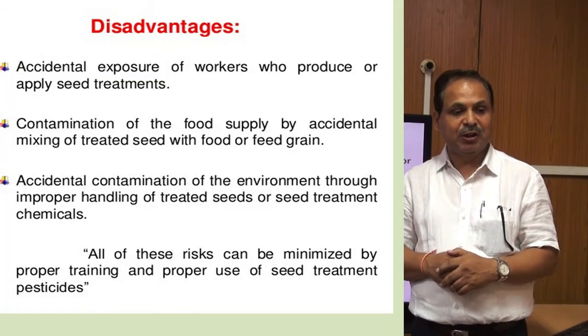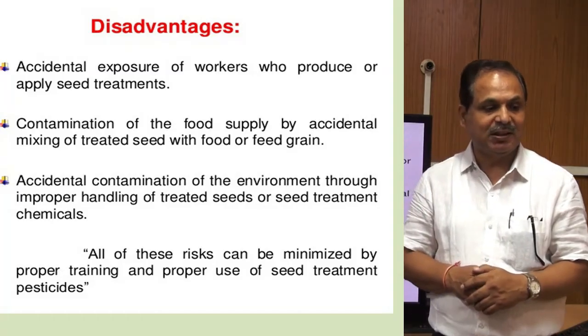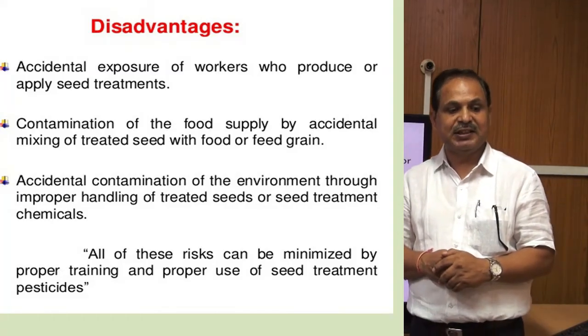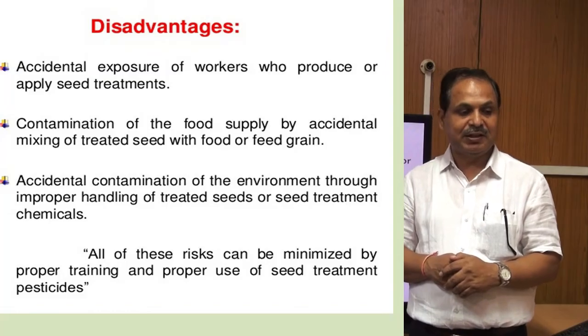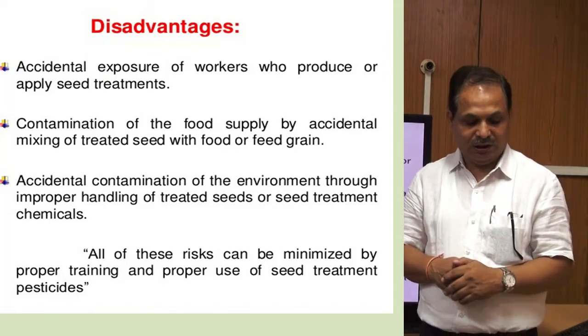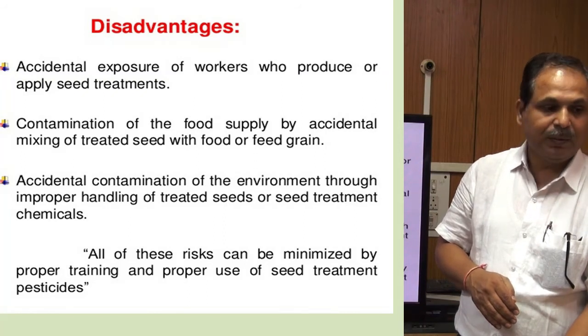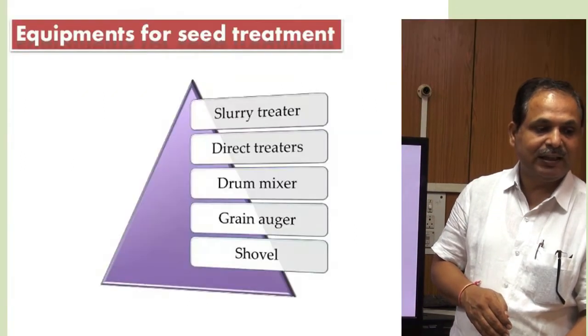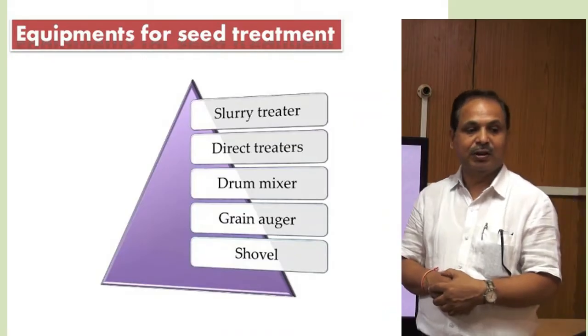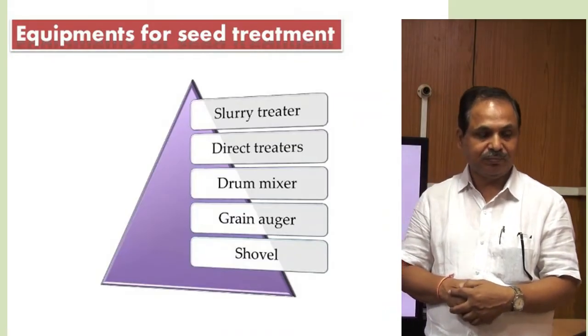Accidental contamination of the environment can also take place through improper handling of treated seeds or seed treatment chemicals. All these risks can be avoided by taking precautions during seed treatments.